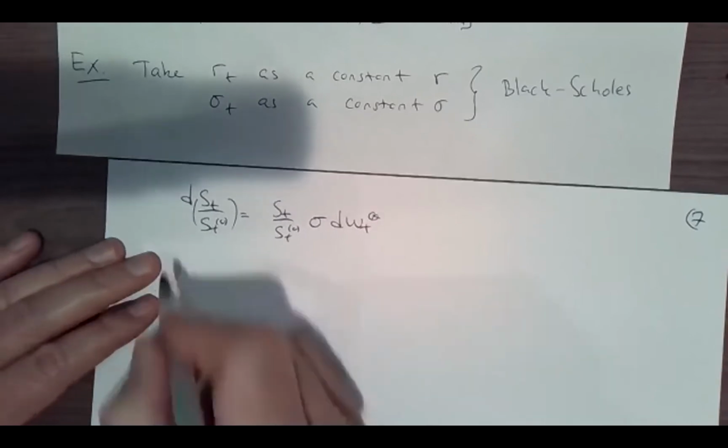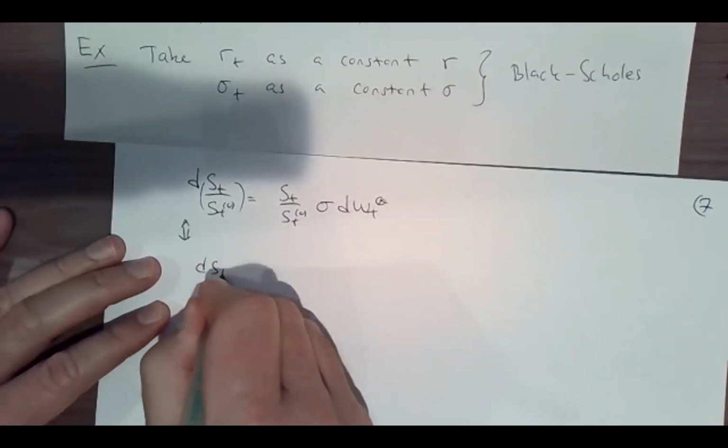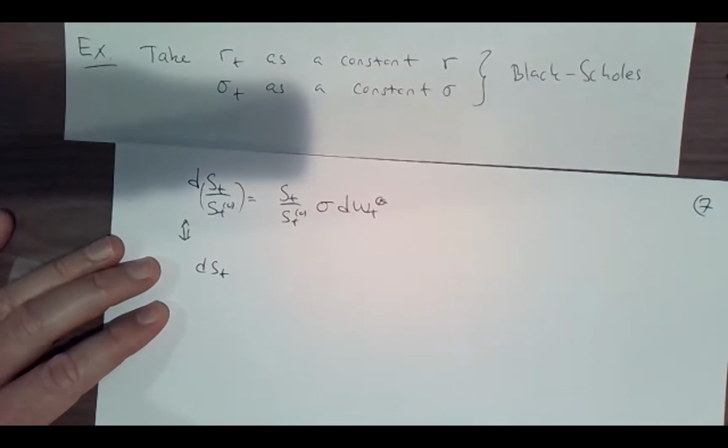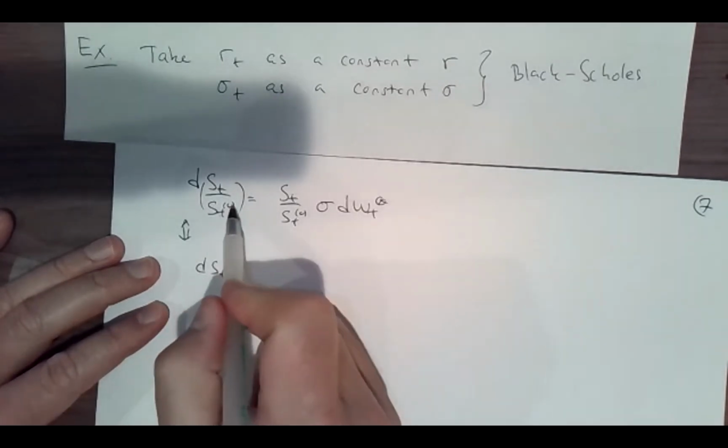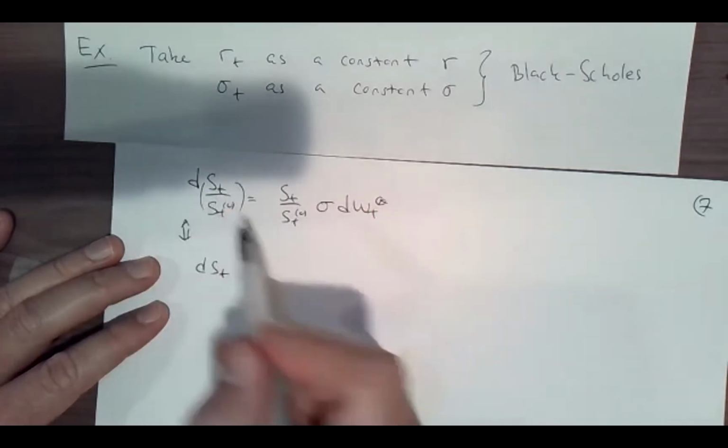If I want to undiscount it, then I'll need to add that drift back up.